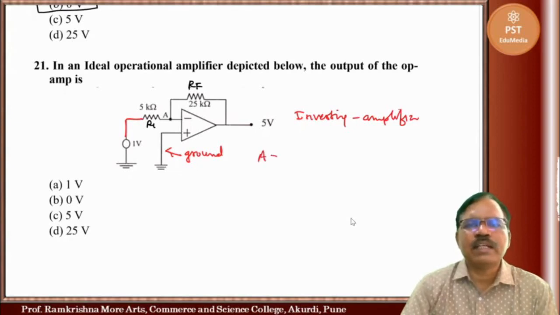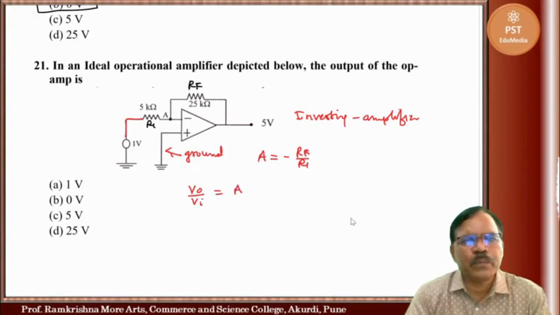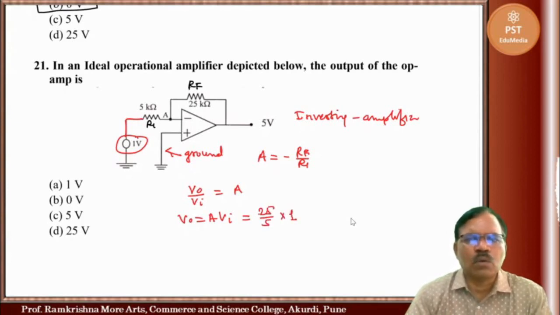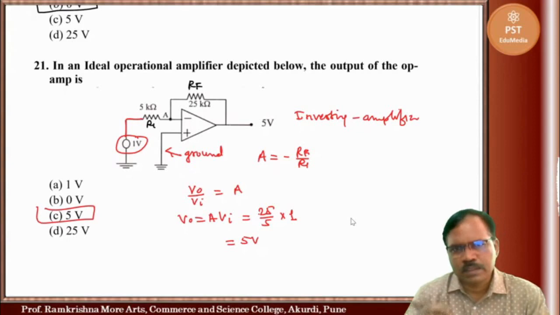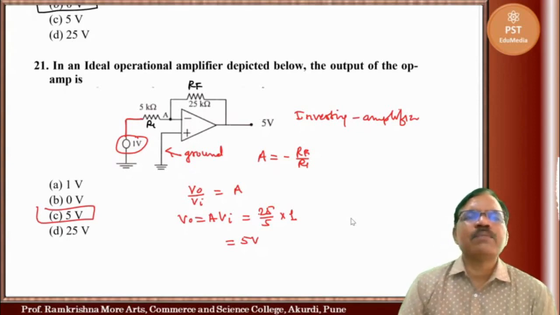It is minus Rf upon R1, and V0 upon Vi is equal to A. Now here Vi is 1, so V0 is equal to A times Vi. So Rf upon R1, 25 upon 5 kilo ohm, into the input of 1 volt, you will get minus 5 volt. So it is minus 5 volt, and the magnitude is 5 volt.